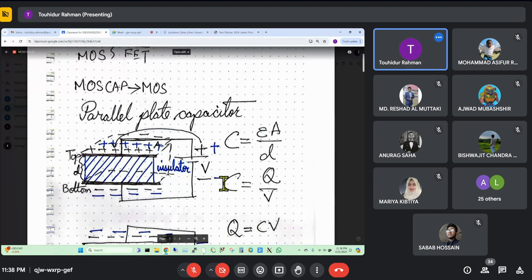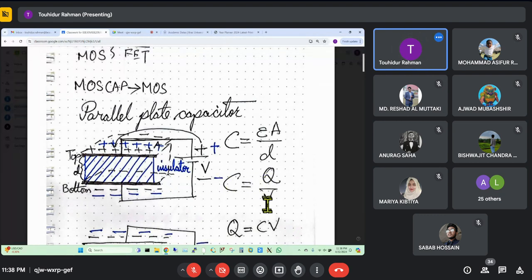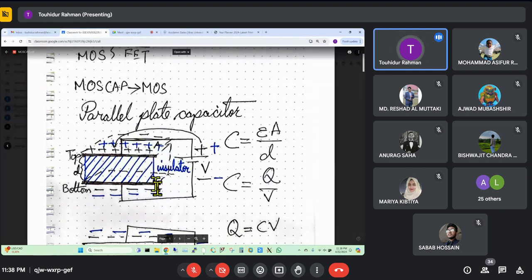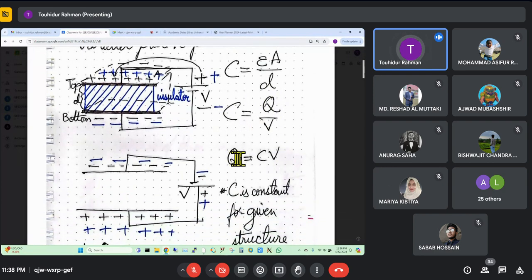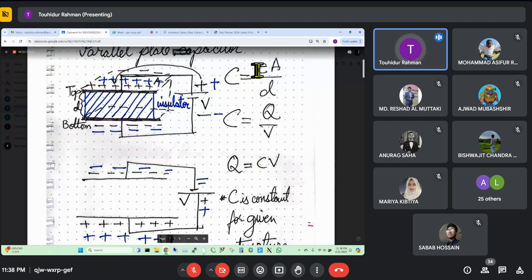Another equation for capacitance is C is equal to Q divided by V. Now this Q is the total charge of each of the metal plates and V is the voltage applied across this capacitor. If we rewrite this equation, we can write Q is equal to C V. Now C is defined by dielectric constant, area and the distance.